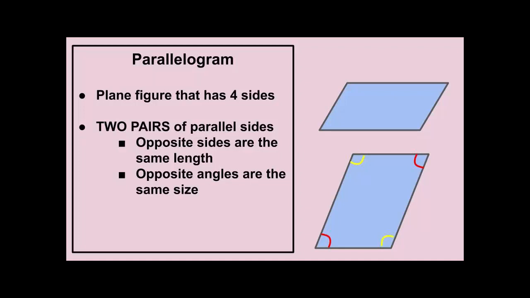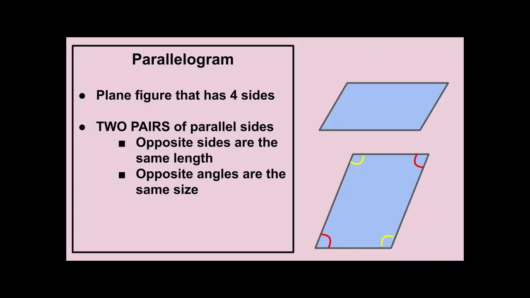What makes a parallelogram so special is that the angles that are opposite one another are the same size. They will have the same degrees. And if you note the bottom parallelogram figure, the angles in red will have the same number of degrees, and the angles in yellow will have the same number of degrees.